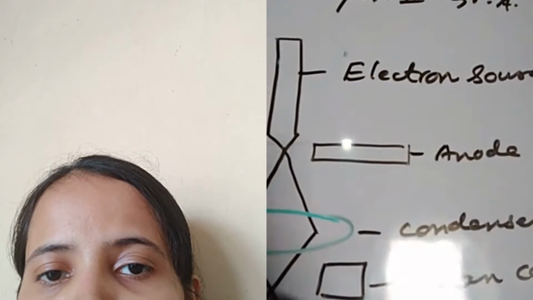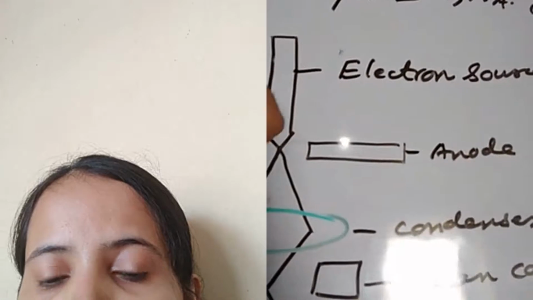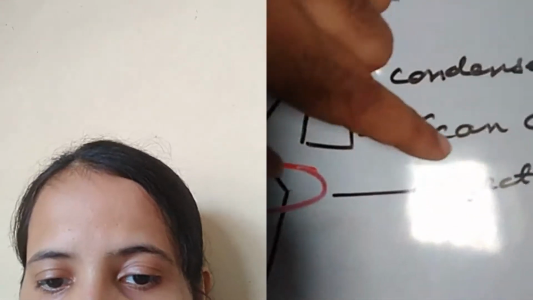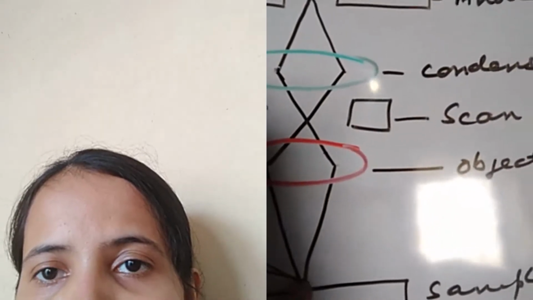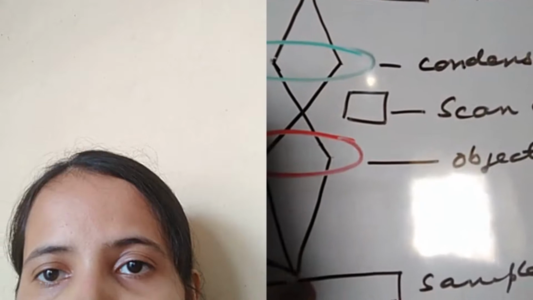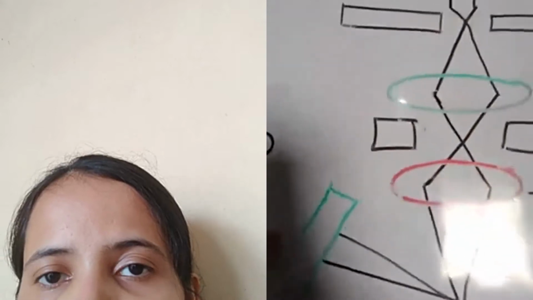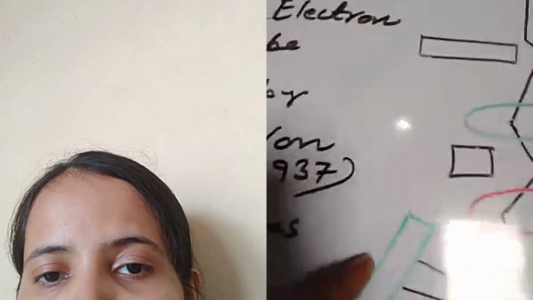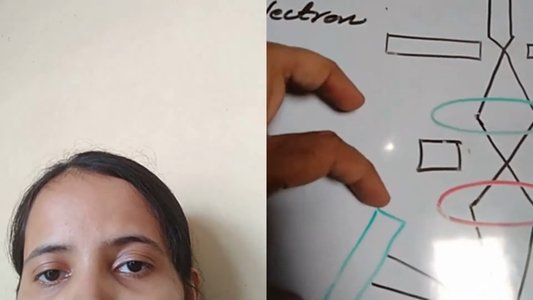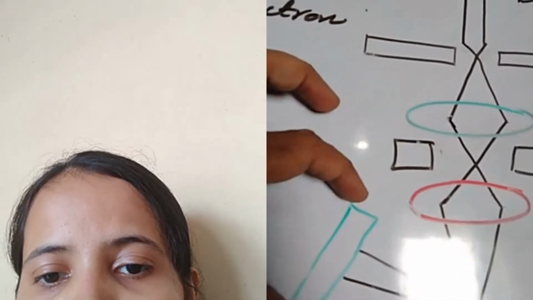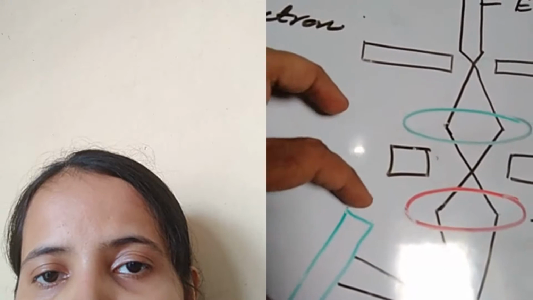Again, this structure, the second, shows the objective. And this is the sample, the part where the sample is placed. This structure shows the secondary electron detector, which detects the secondary electrons emitted.